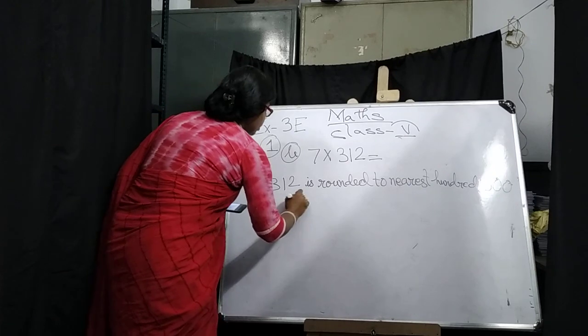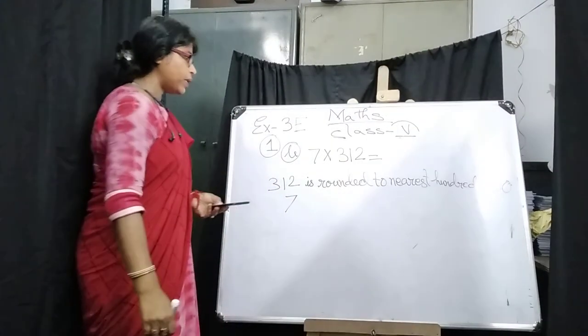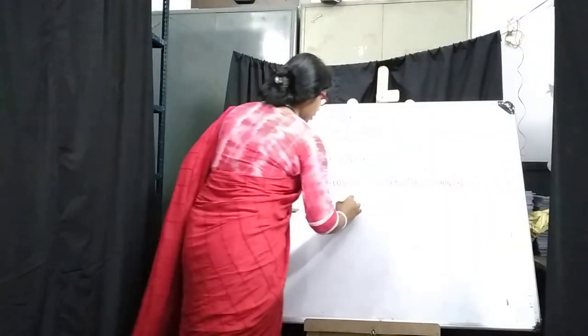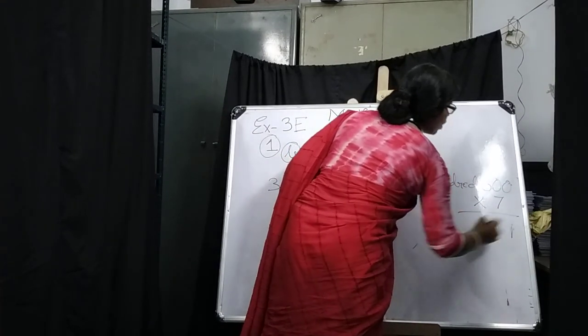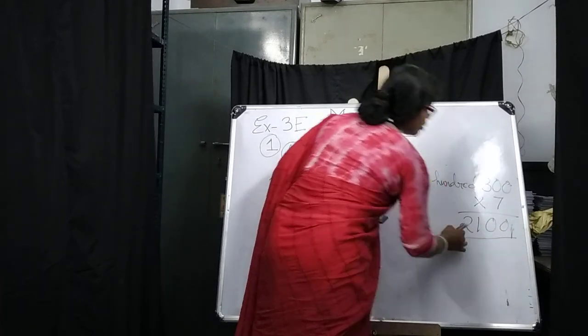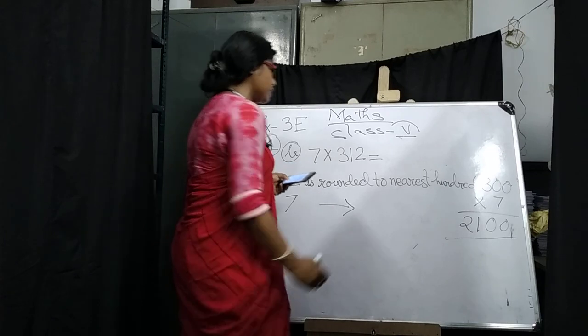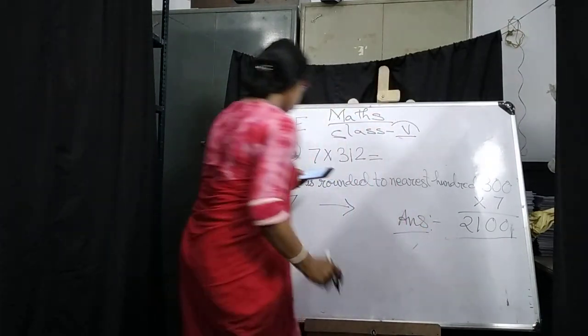And 7, there are no other digits. 7 is a single one, ones place. So we will write 7 as it is. So into 7, what will be the answer? 7 3s are 21 and 2 zeros. So the correct answer will be 2100. Like this we will do.